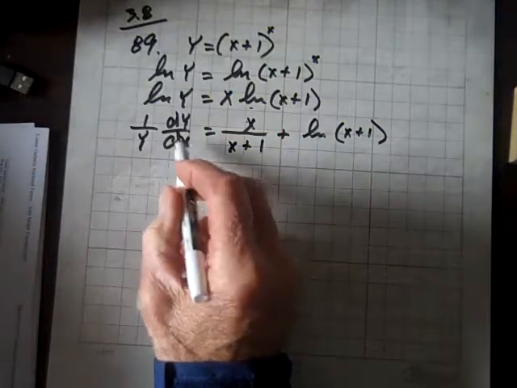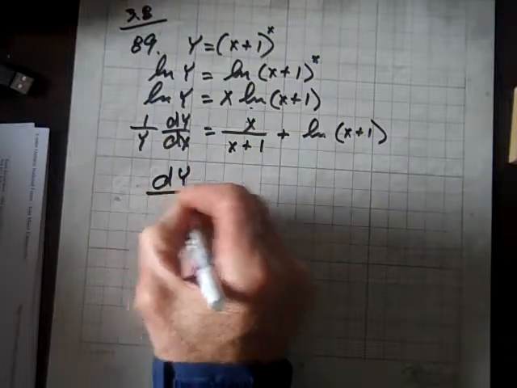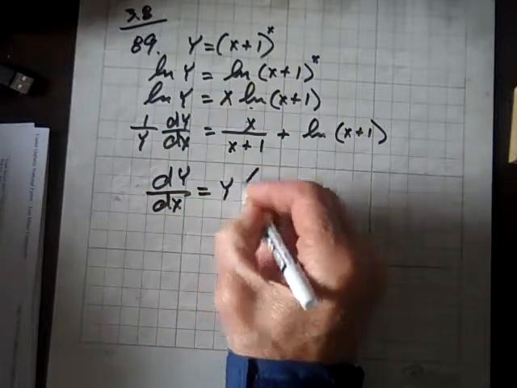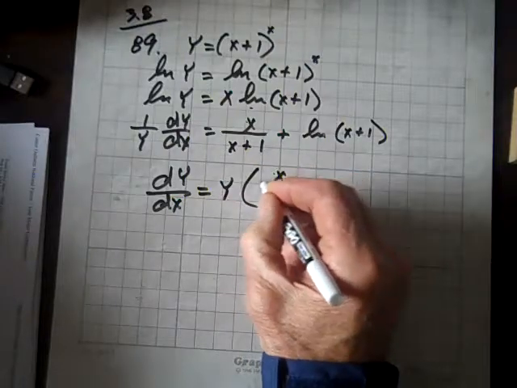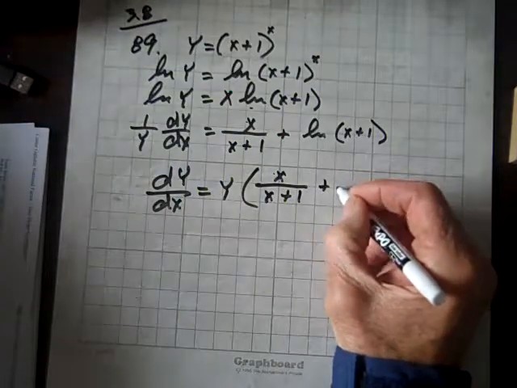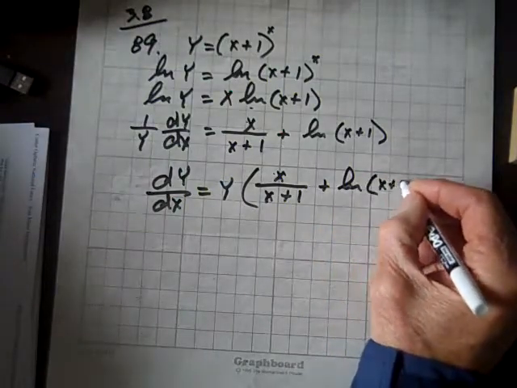Now we'll multiply both sides by y so we can isolate dy dx. And that's going to be y times x over x plus 1 plus ln of the quantity x plus 1.